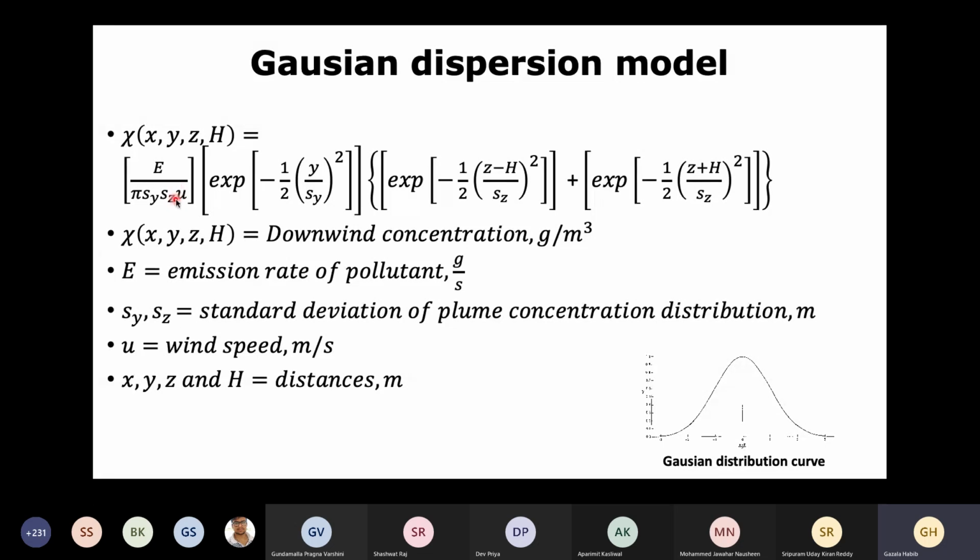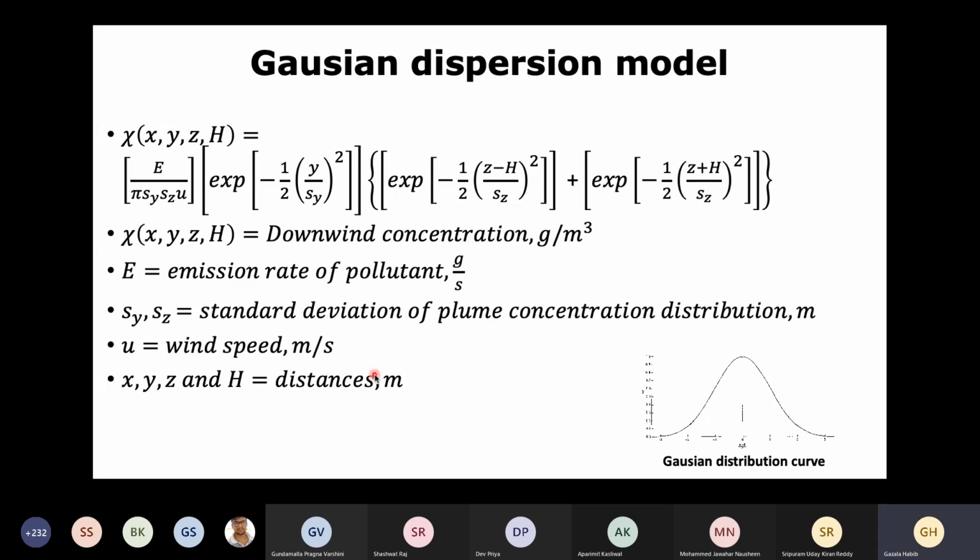U is the horizontal wind velocity, y is the distance in the y direction, z is the distance in the z direction where we want to determine the concentration. So it's an xyz coordinate. H is the effective stack height. Sz, as I said, is the standard deviation coefficient of the Gaussian distribution for the z direction.